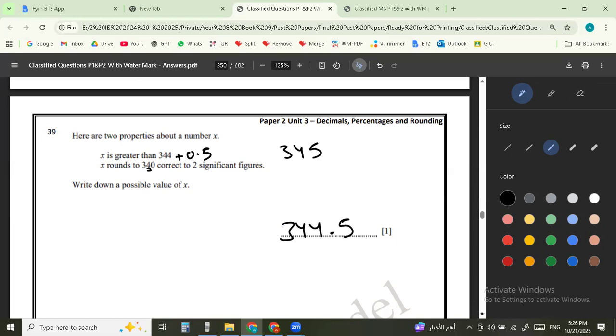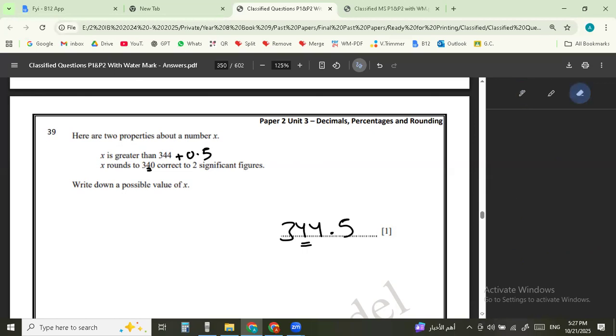If you round it to two significant figures, well, that's the second significant figure. It will be 340, mister. Yes. And it is greater than 344. So any number bigger than 344 and less than 345 will work. Okay? Good. Let's continue.